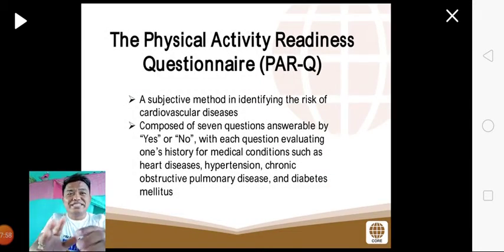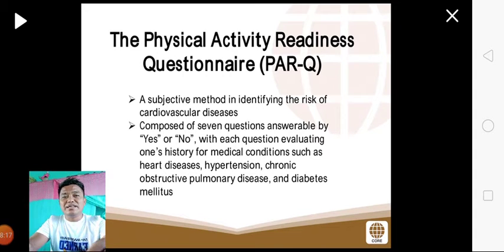Physical Activity Readiness Questionnaire, or PAR-Q. What is the meaning of PAR-Q? The Physical Activity Readiness Questionnaire is a subjective method of identifying the risk of cardiovascular disease.